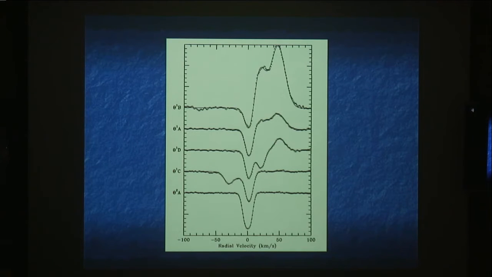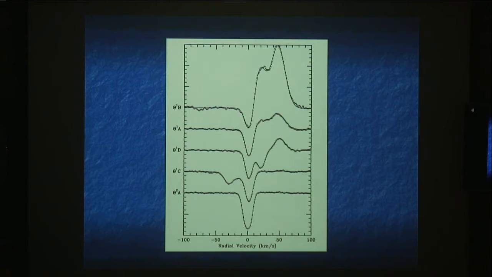And by 1993, I guess, my students and I did a study where you looked at the various stars of the Trapezium, plus a star off on the edge of the Huygens region. In this case, the helium 3889 line, and you can see it has multiple components, but a common component here.